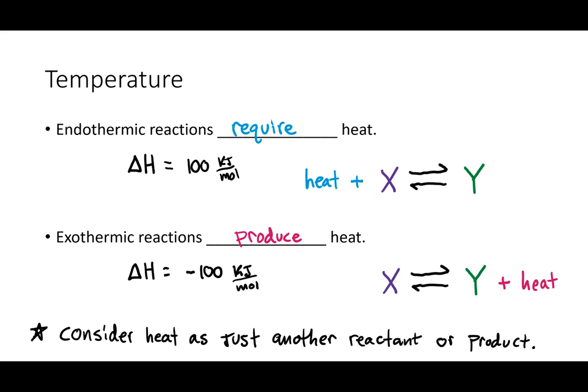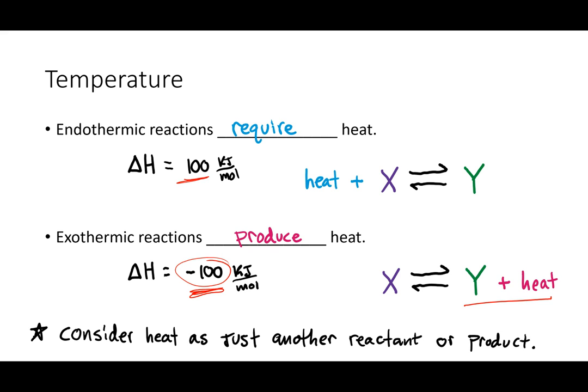Likewise, exothermic reactions produce heat, and that is represented by a negative value for the change in heat. Okay, so this is positive, and this is negative. Heat would then be considered a product in exothermic reactions.